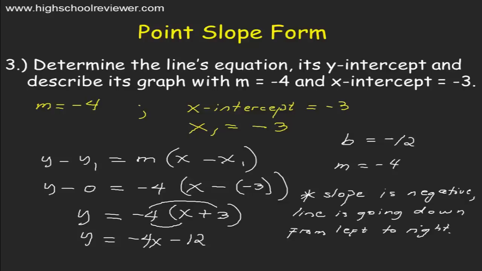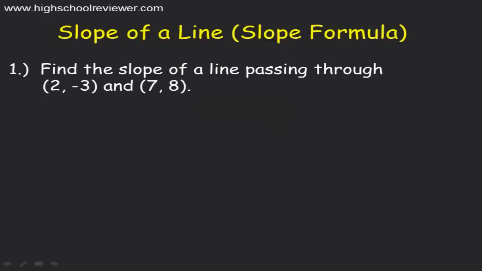Okay, so our equation is y equals negative 4x minus 12. Our intercept is b equals negative 12, and the slope is negative when the line is going down from left to right.